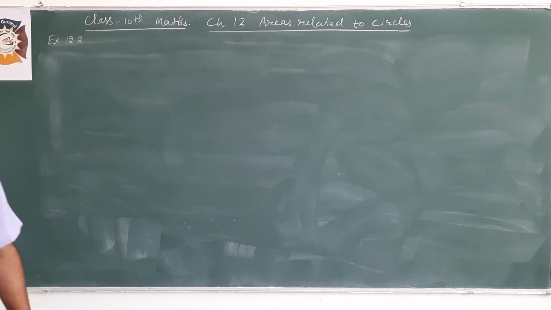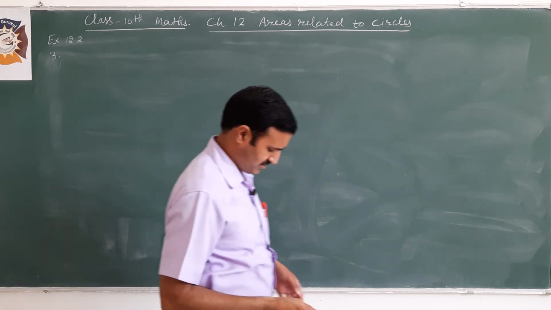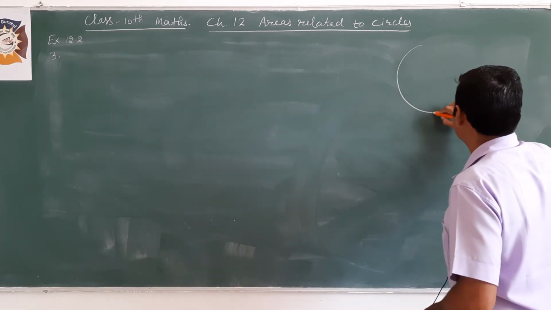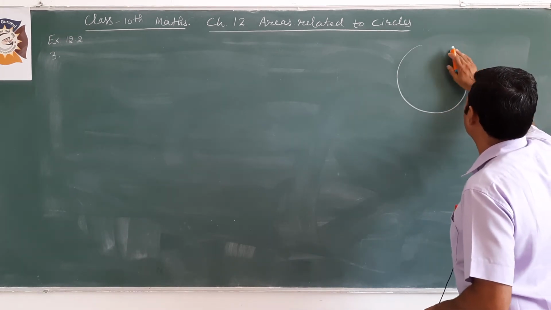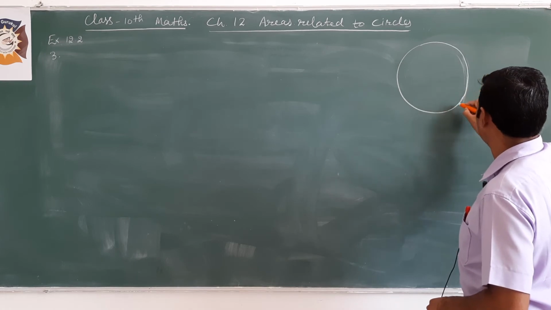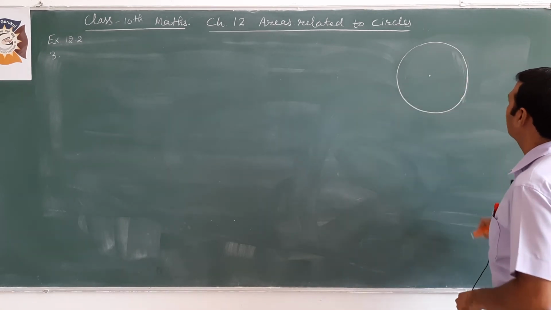Now, question number 3: the length of the minute hand of a clock is 14 centimeter. Suppose the minute hand of a clock moves like this, and makes one complete round or revolution.